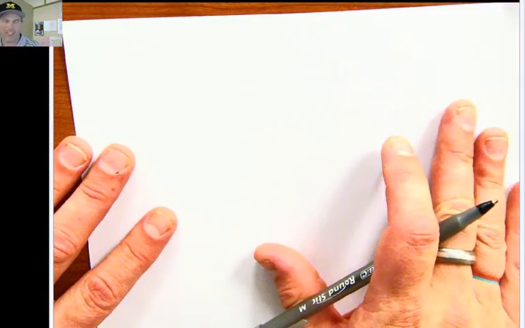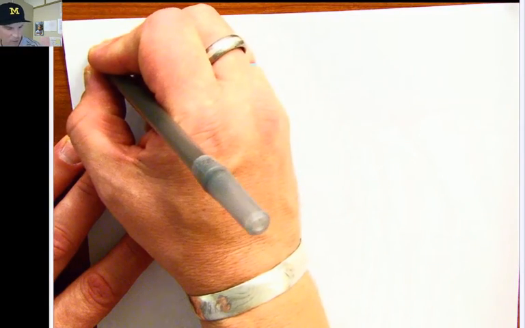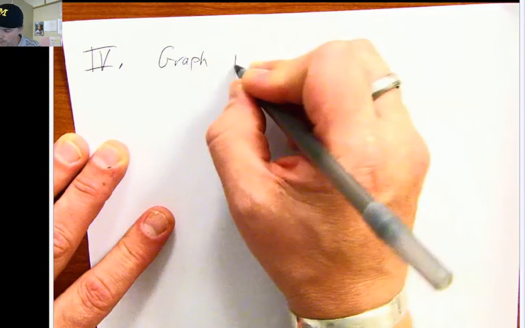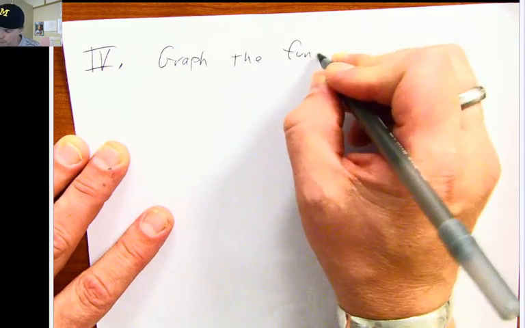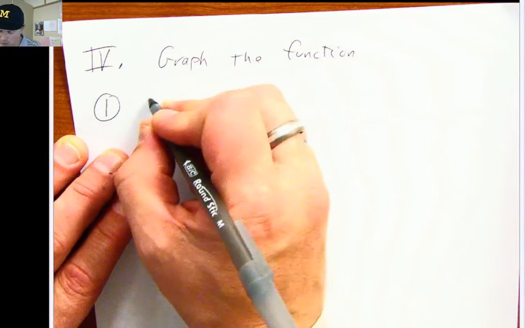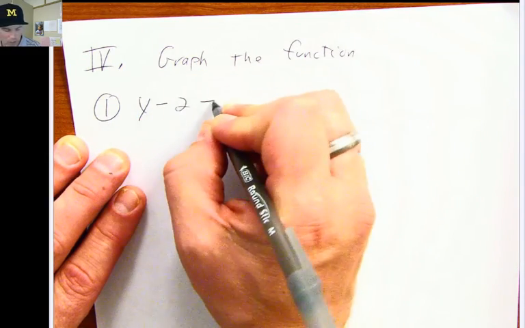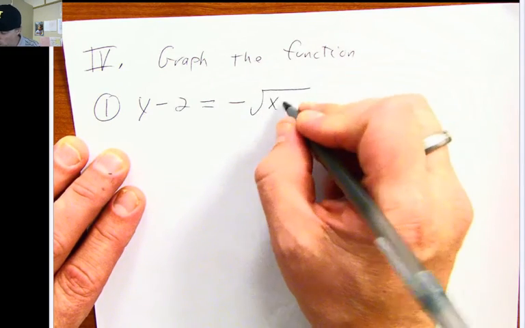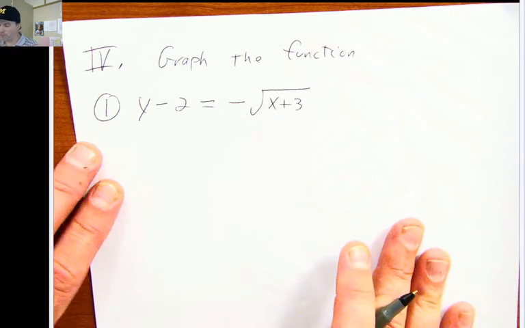Okay, here we go. So that was part 3. So now part 4, applying the same thing but to square root equations. So graph the function. Number 1, suppose it was y minus 2 equals negative square root x plus 3.